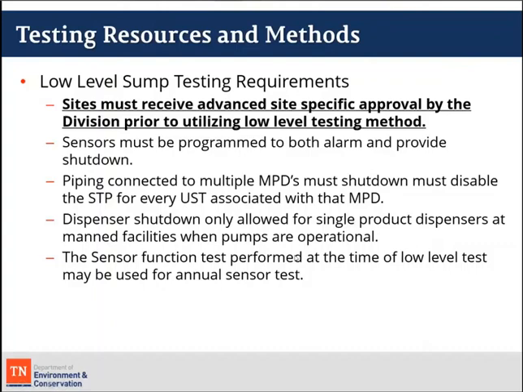The only time that dispenser shutdown is allowed in the case of low-level sump testing is if that dispenser is a single product dispenser at a manned facility whenever the pumps are operational. So if you have a standalone dispenser, then that shutdown of that one dispenser is allowed.